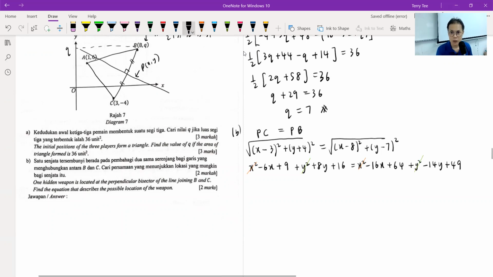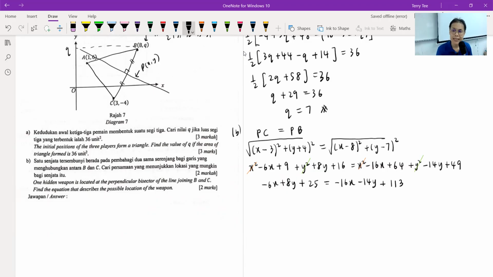So let me do a bit slower. I'm going to write the minus 6x plus 8y plus 9 plus 16, 25. Okay. And on my right hand side, I have minus 16x minus 14y, 64 plus 49, 113.